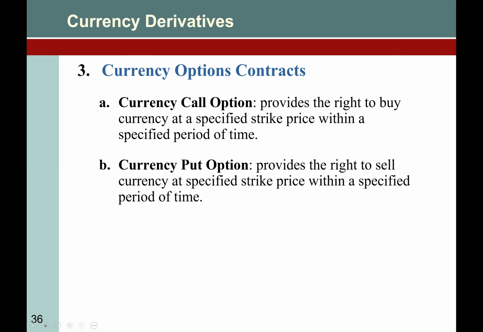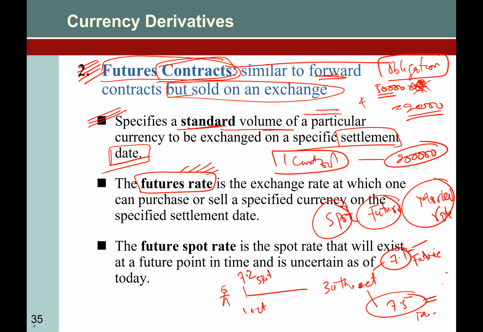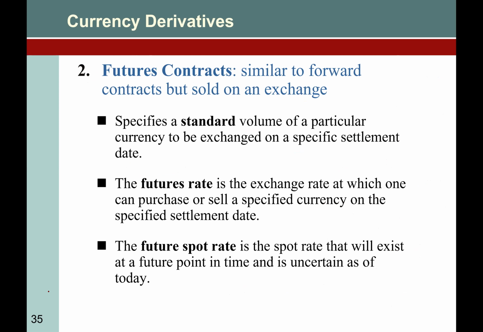But in futures, in currency derivatives, we can manage the contracts, but we cannot necessarily have the actual money. We will talk about that; we can have the actual money as well. There are 2 or 3 methods for this.